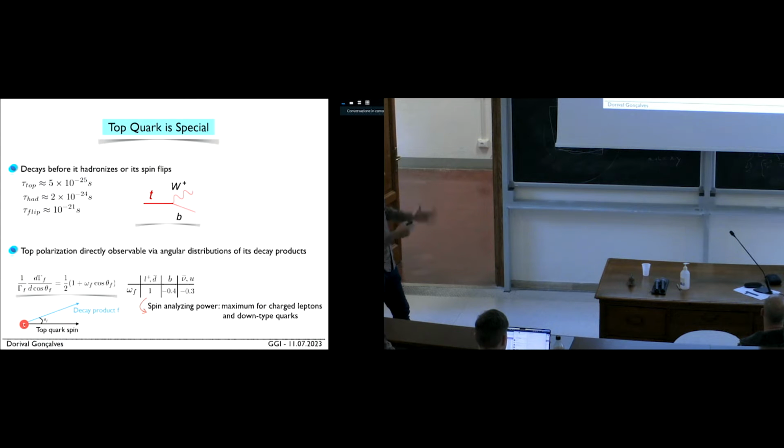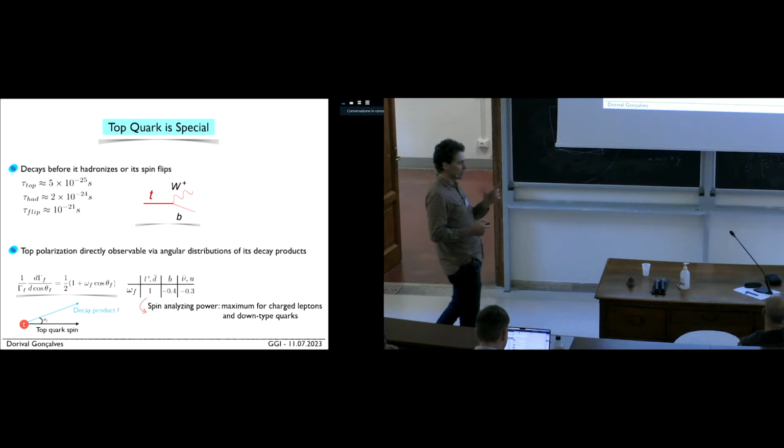But how do we do it? We, of course, do not measure directly the spin of the top, doing Stern-Gerlach. What we do is look at the decay products of the top. When you have a top decay, I use the decay product as a spin analyzer for the top.